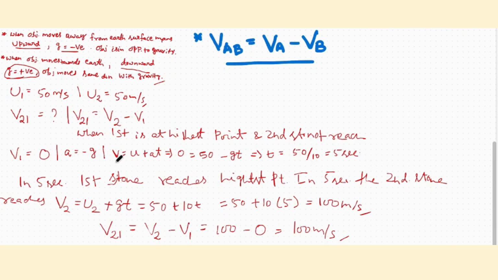By substituting in v is equal to u plus at, we get the time, 5 seconds, in which the first stone reaches the highest point. So in those 5 seconds, v2 is equal to u2 plus gt, and the velocity is 100 meter per second. So v21 is equal to v2 minus v1, substitute and get the values.